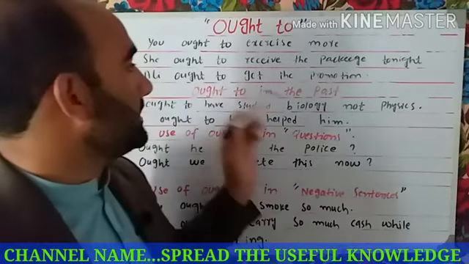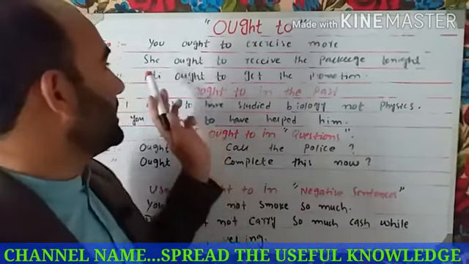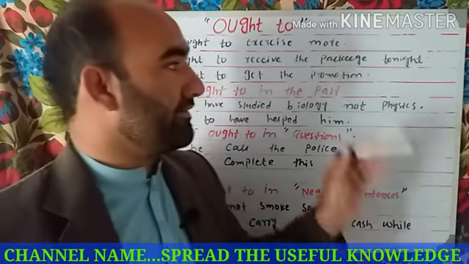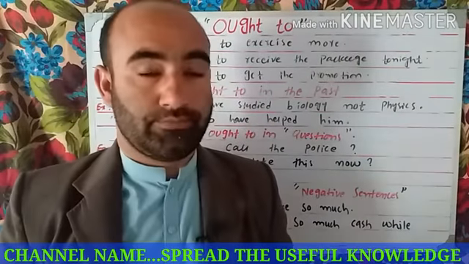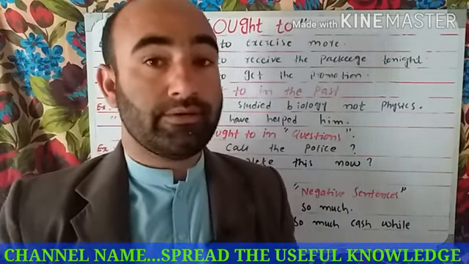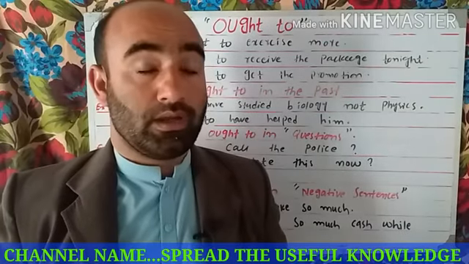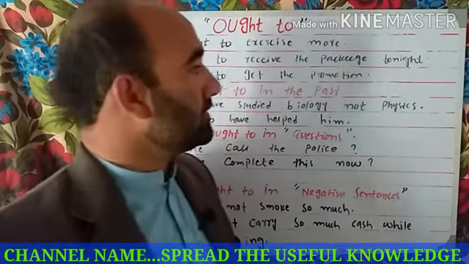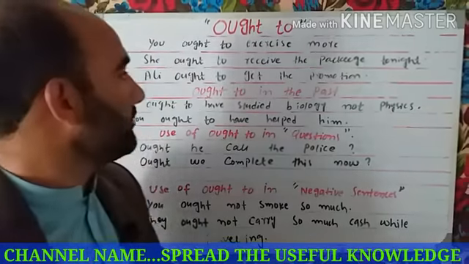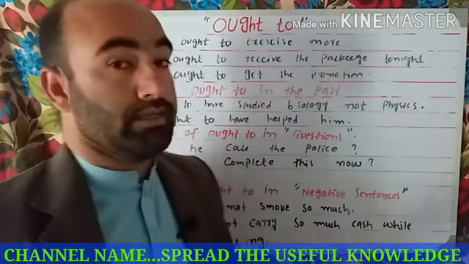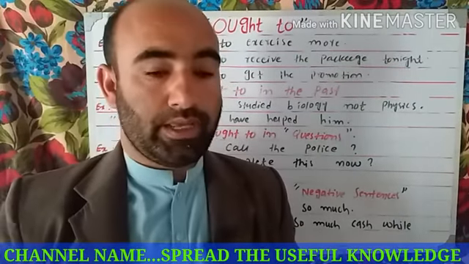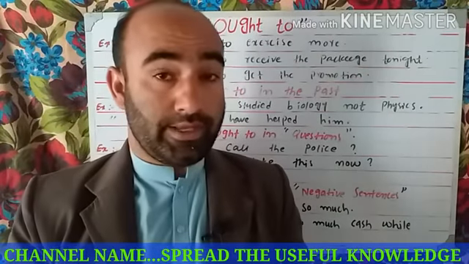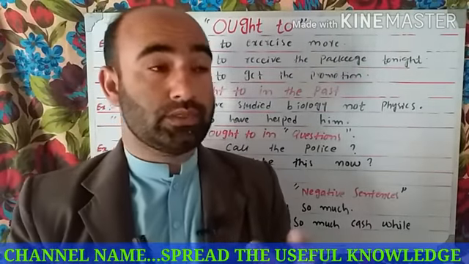The second example here is: she ought to receive the package tonight. Whenever someone deserves something, we use ought to in that case. The third example: Ali ought to get the promotion. Whenever we are talking about expectations, we also use ought to.